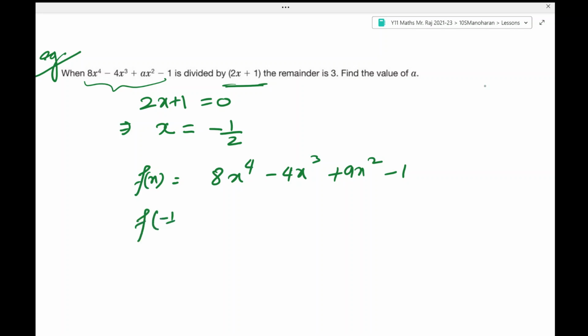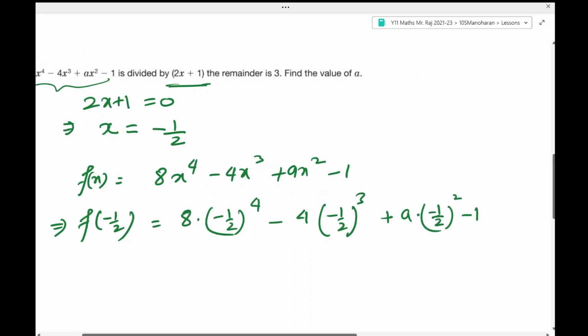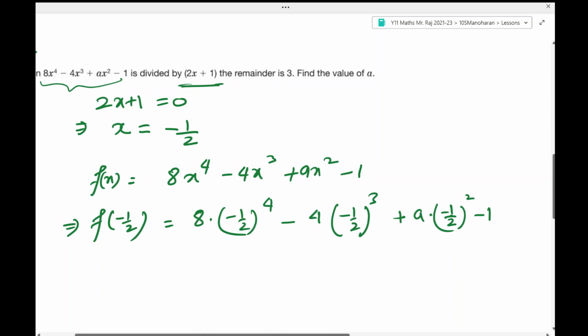Let's plug in x equal to negative half here. That will give us 8 times negative half to the power 4 minus 4 times negative half to the power 3 plus a times negative half whole squared minus 1, and this is given to us as equal to 3.